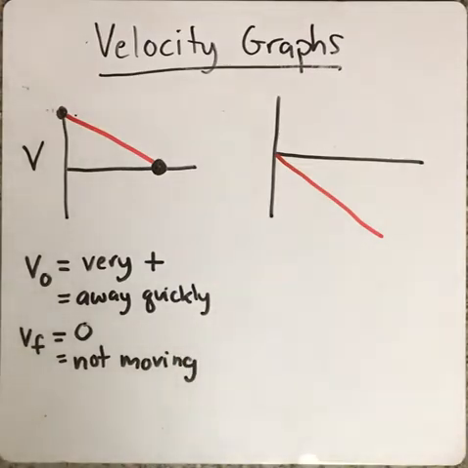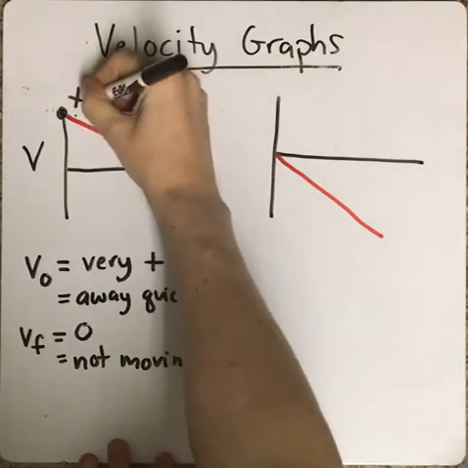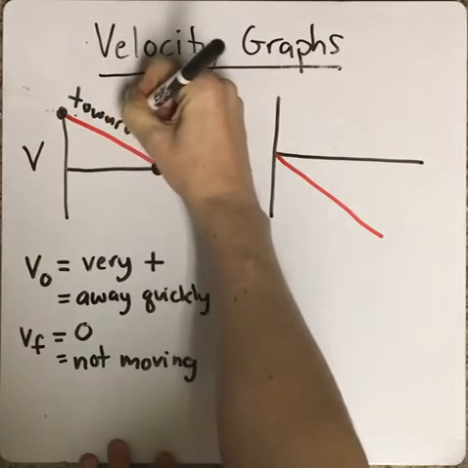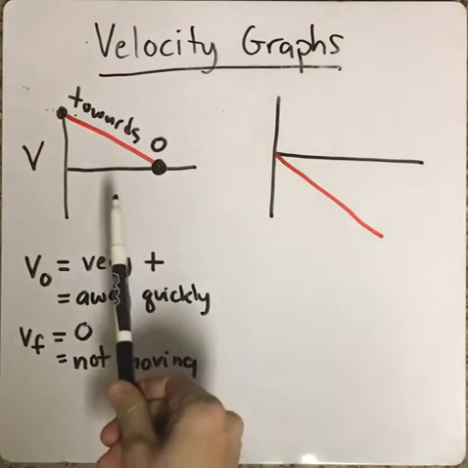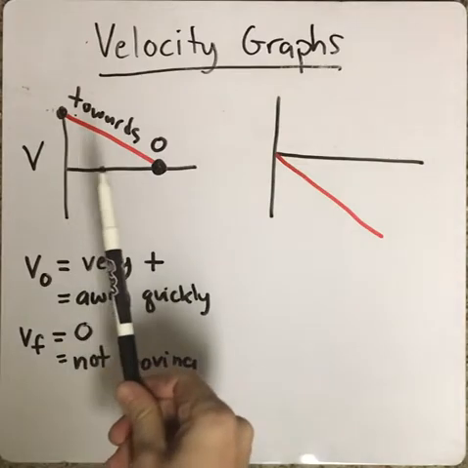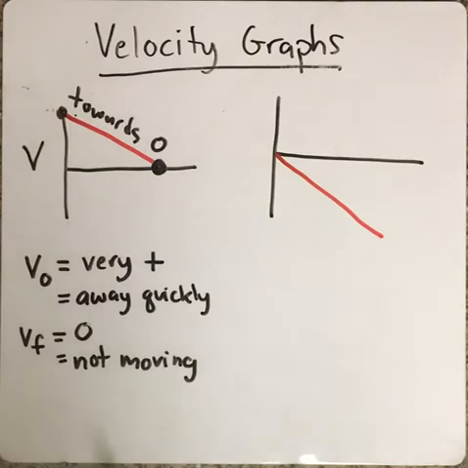So this object clearly has slowed down. And I can see that just by looking, this graph is moving towards zero. That means it's getting slower. So, for this graph, I would say the object is moving away from the reference and slowing down. And that would be how I describe this object.